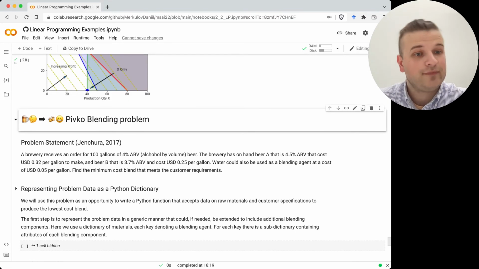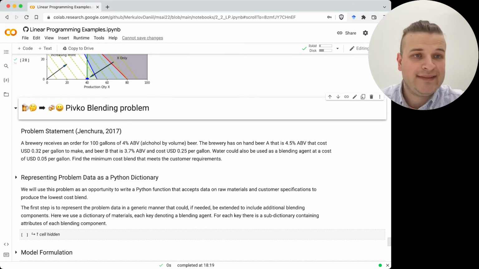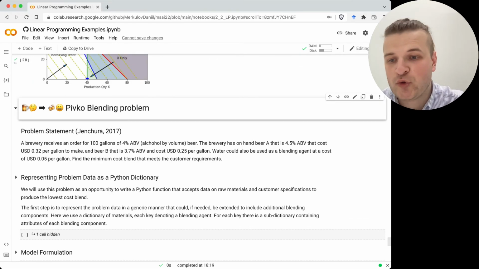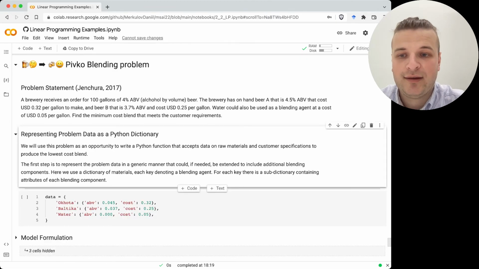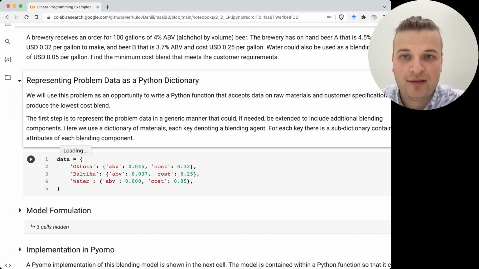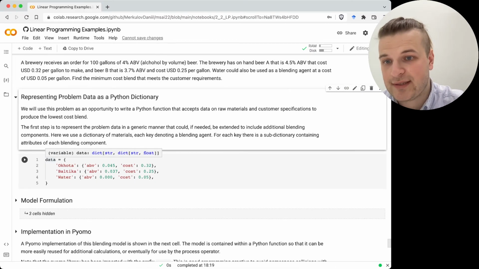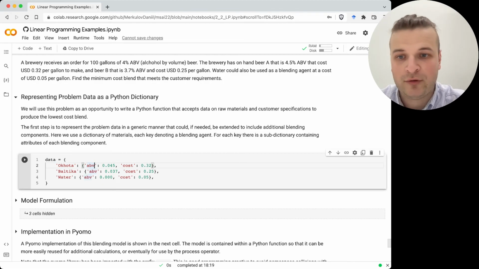And the last but not the least example is the beer blending problem. Suppose you have several types of beer, each with its own alcohol by volume indicator. For example, this is ABV, alcohol by volume.